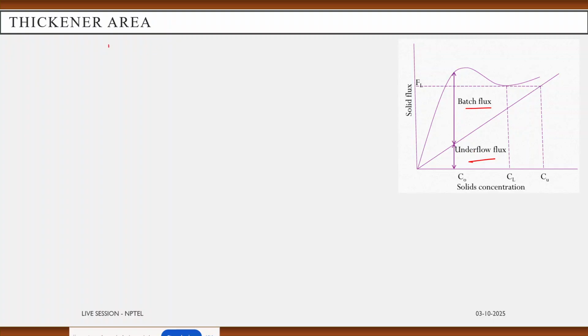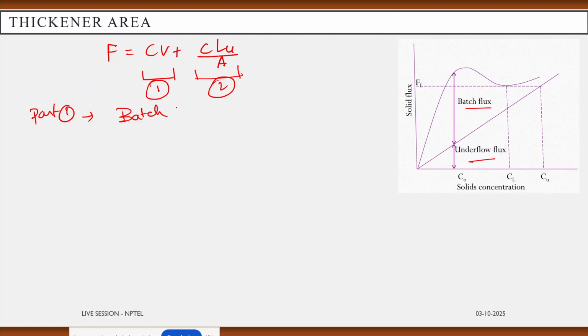So this first part, and the part 2, this gives the underflow solid flux.